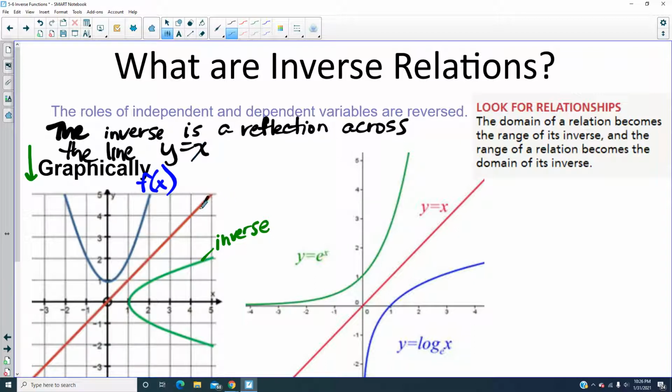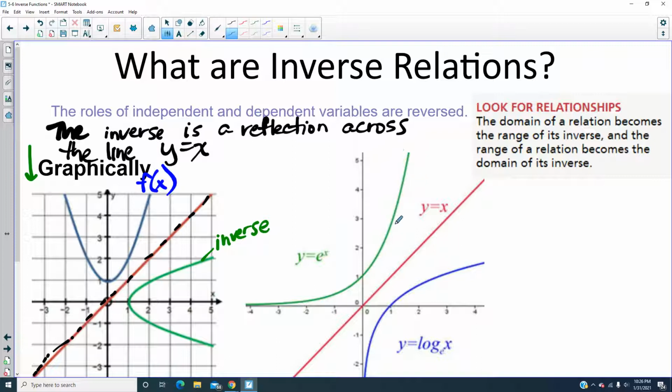So that is this line right here. If I were to take this piece of paper and fold it diagonally across this line, then f would match up. It would be right on top of the inverse. So graphically, the inverse is a reflection across the line y equals x.